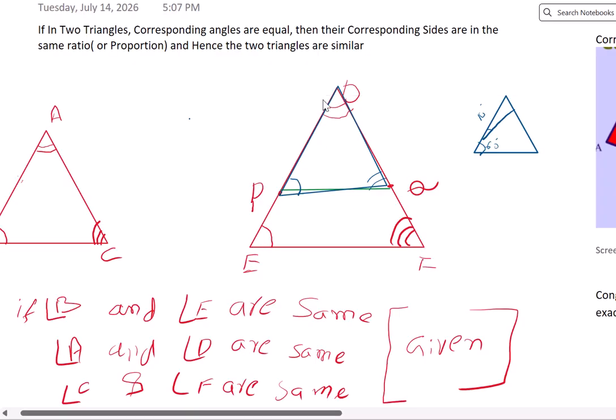That means this is one, this is one. So that means the proportion will be the same.